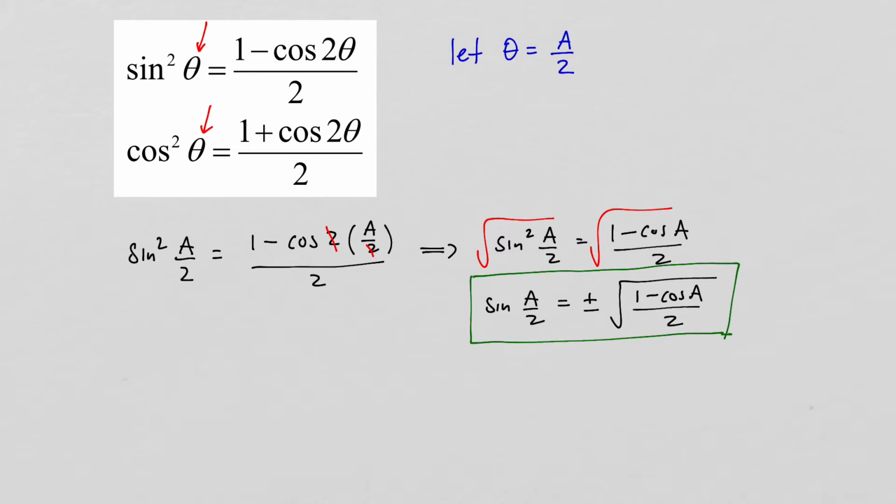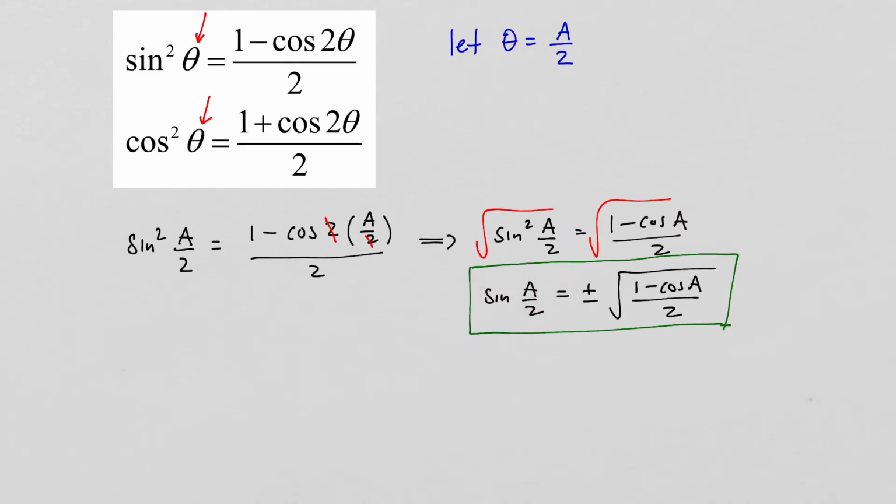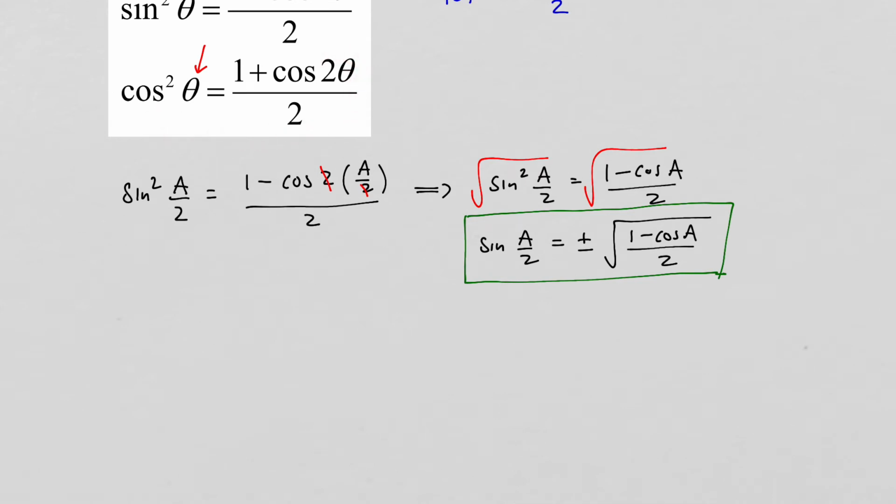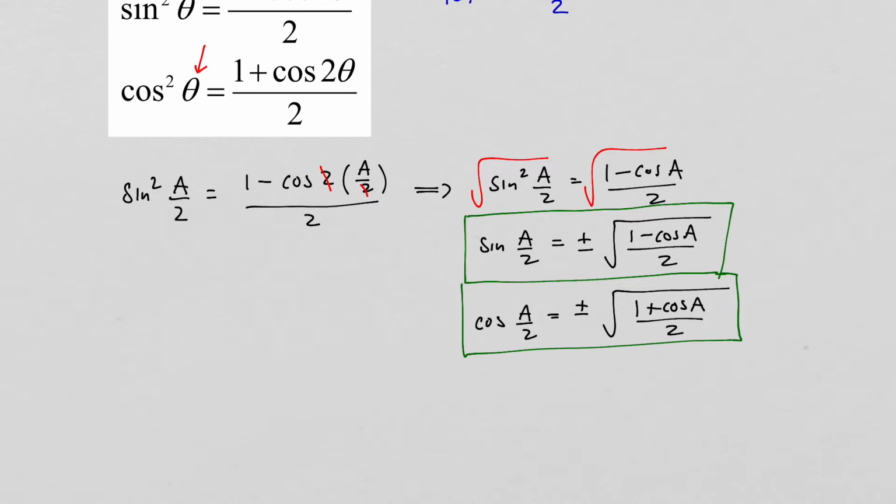And I have to admit, this looks more like a half-angle formula because on the left side, you'll see that you have a divided by 2, which literally means half of angle A. Now, if we do the same thing in the second identity, if we replace theta with a over 2, we can go through the exact same steps, and we will end up with cosine of a over 2 equals plus or minus the square root of 1 plus cosine of a divided by 2. And so these are the alternative forms for the half-angle formulas.